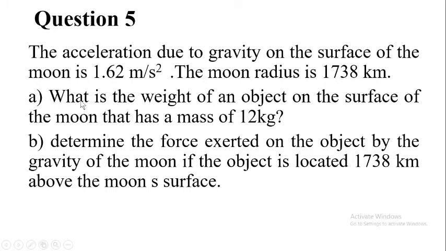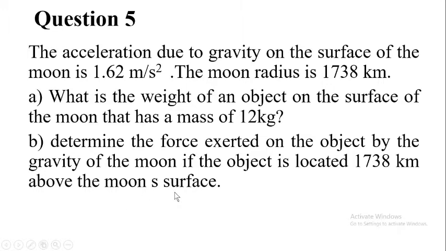Now, A, what is the weight of an object on the surface of the Moon that has a mass of 12 kilograms? And then B, determine the force exerted on the object by the gravity of the Moon if the object is located 1,738 kilometers above the Moon's surface.